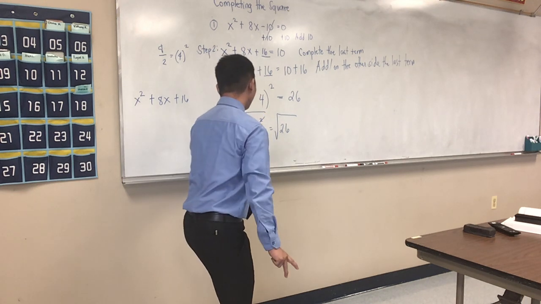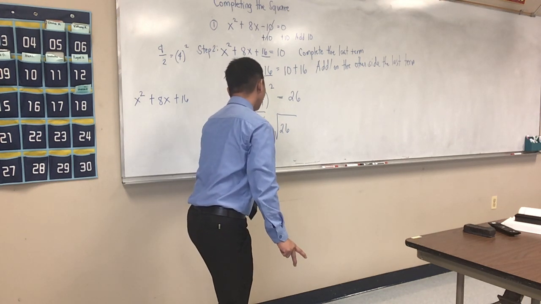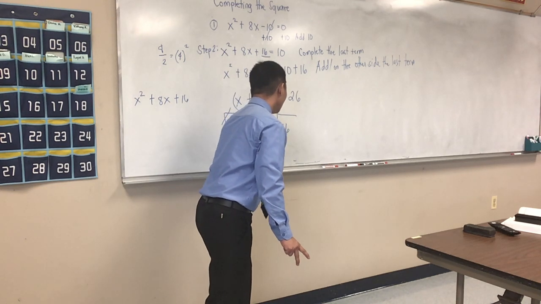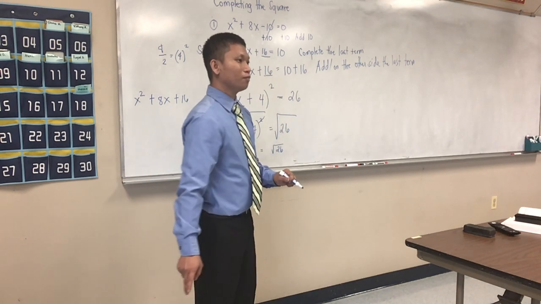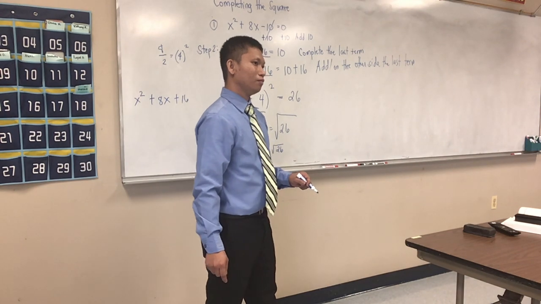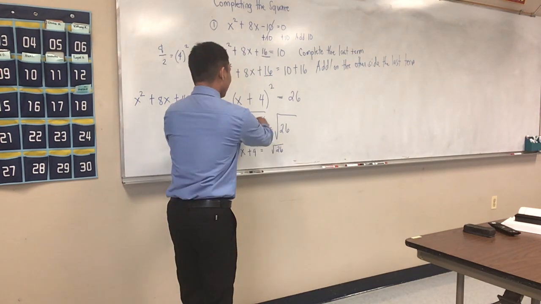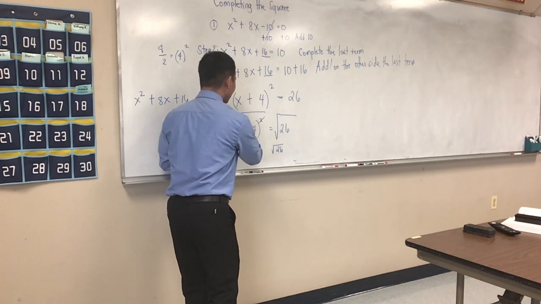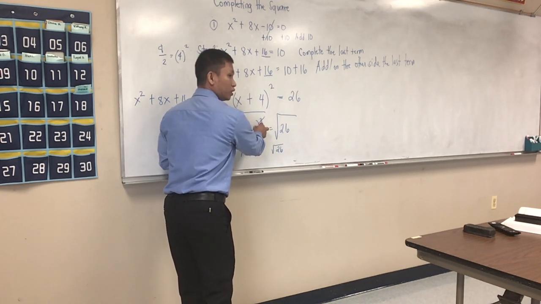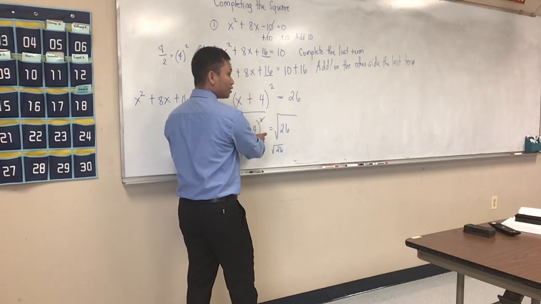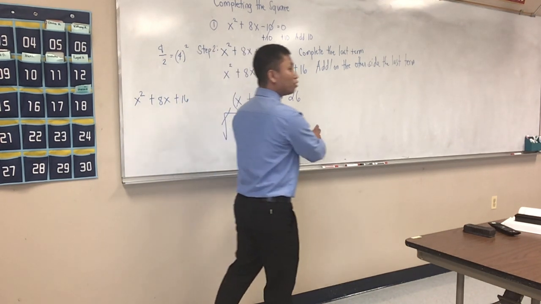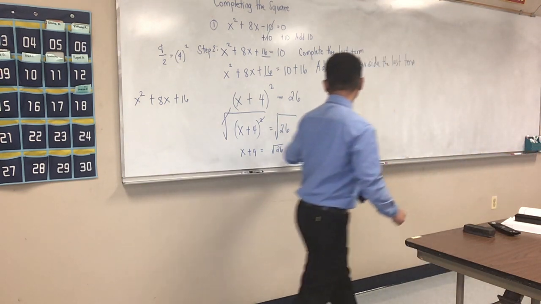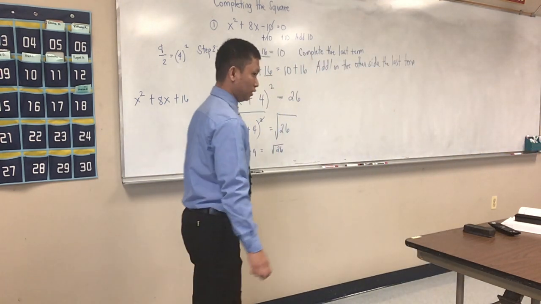This would be x plus 4 equals square root of 26. We get the square root so that the squared would be cancelled. Since we get the square root of x plus 4 squared, we are also going to do that on the other side. So that would be square root of 26.